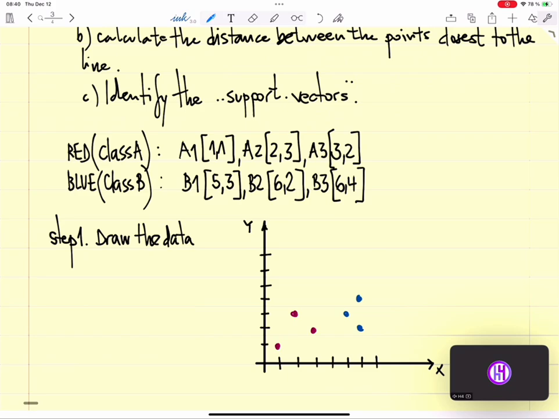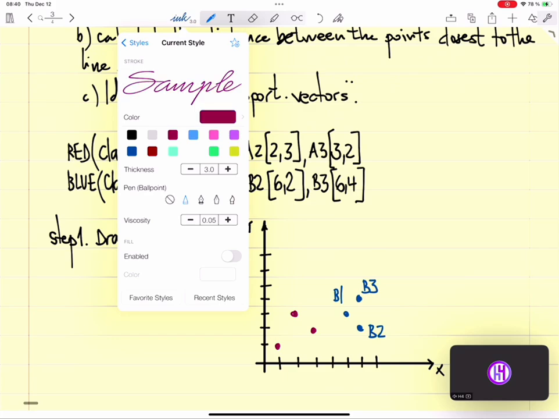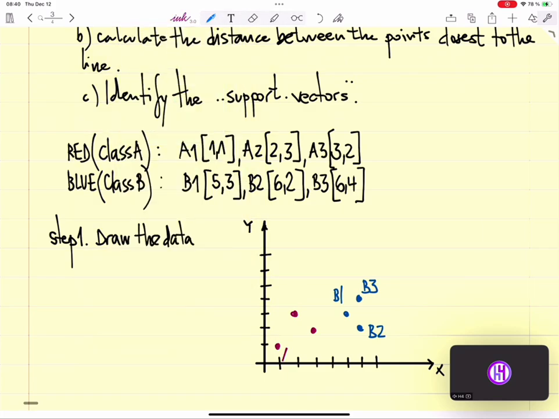So these data are like B1, B3, B2, and then A1, A2, and A3. All right, so that's the first step.